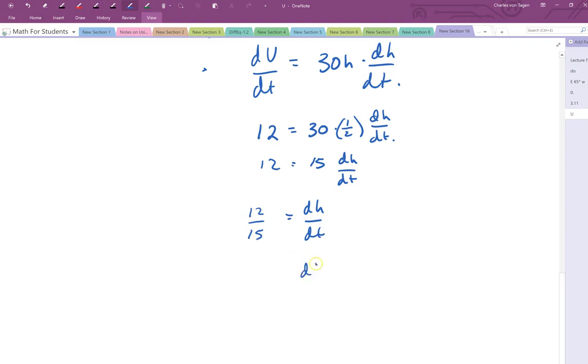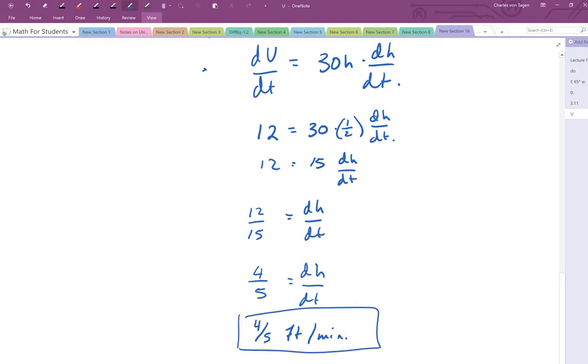This reduces down. We could divide 3 into both of those. So we get that dh/dt is 4/5. And what are my units on that? That would be 4/5 of a foot per minute, which is how quickly the water level in the trough is currently rising.